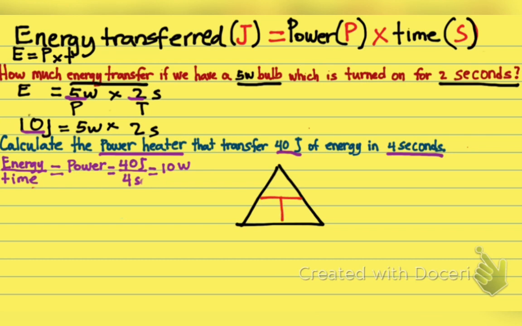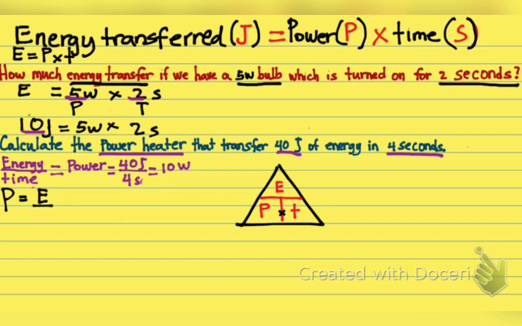I have provided here the formula triangle. The thing that is equal goes on top, and the two things that you multiply together to make it go at the bottom. So you have the energy transferred on top, and power times time at the bottom. If energy is being asked, I know that to get energy, I multiply power times time.